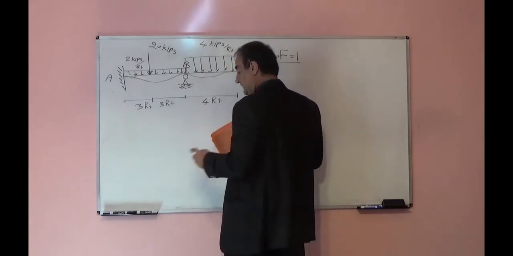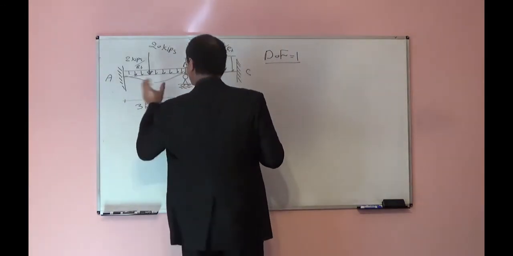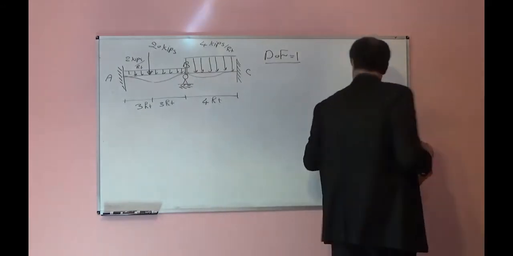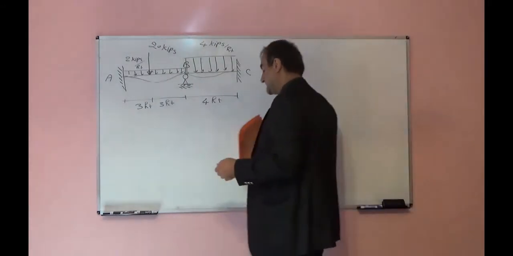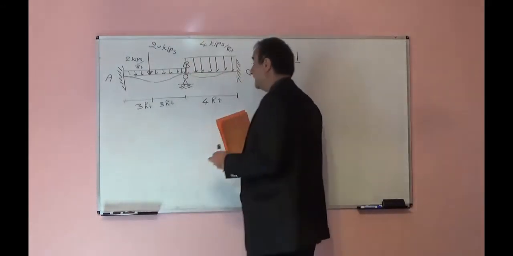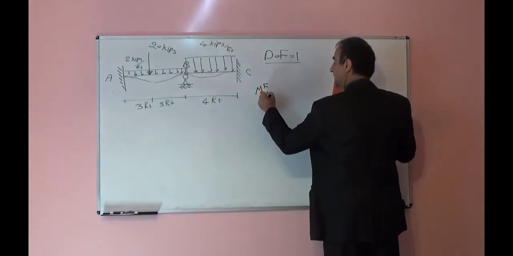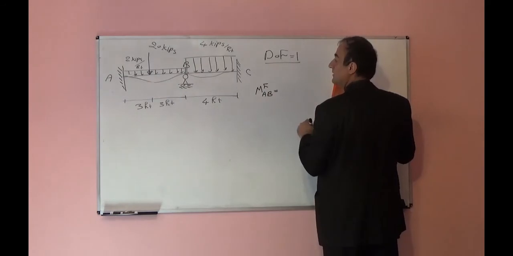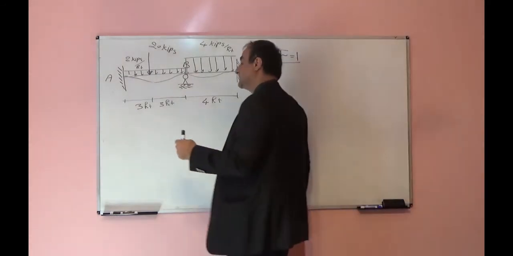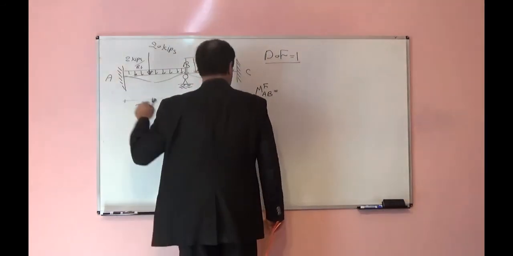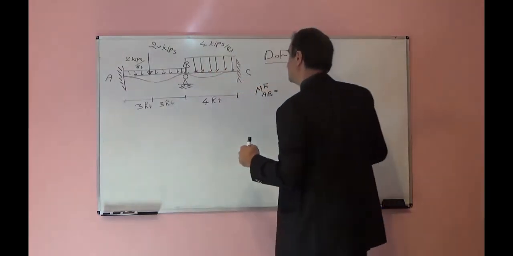Let's look at the first 2 different spans we have here, span AB and BC. Fixed end moment for AB will be counterclockwise, so positive.